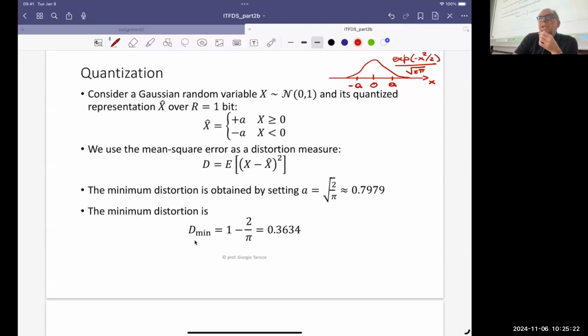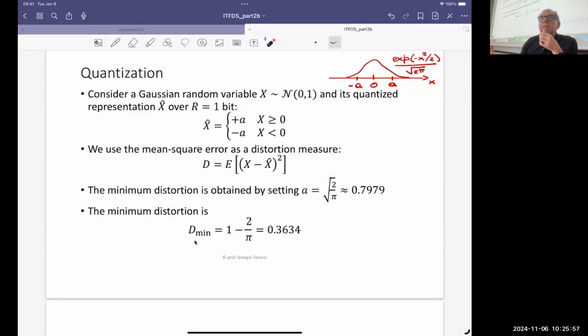And to measure the accuracy of this representation that we call quantization, we use the mean square error distortion function. That is the expectation of x minus x hat squared, where x hat is equal to plus a if x is greater or equal to 0, or minus a if x is negative.